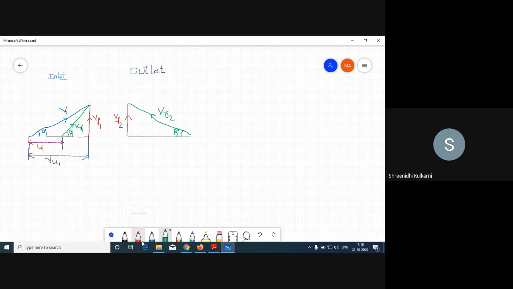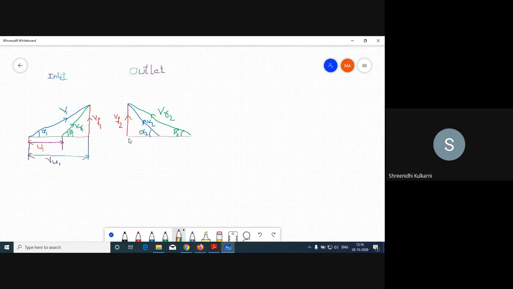Next, blue. So this is V2, and this angle is alpha 2.